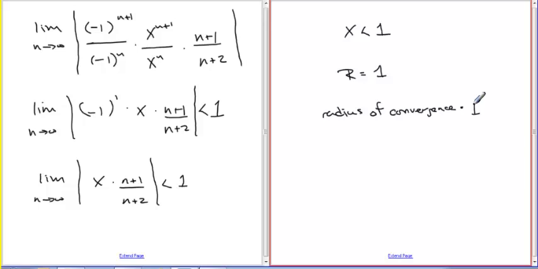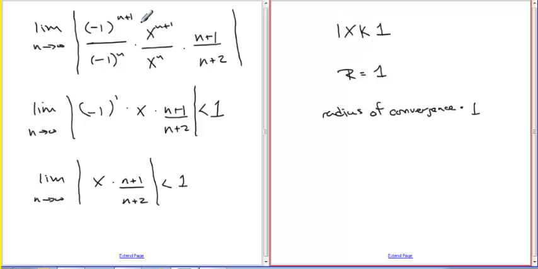So look at the manual, 9.8, number 1. So yes, you get the absolute value of 1 is less than 1. So we actually still need to keep the absolute value sign in here. So the radius of convergence is equal to 1.